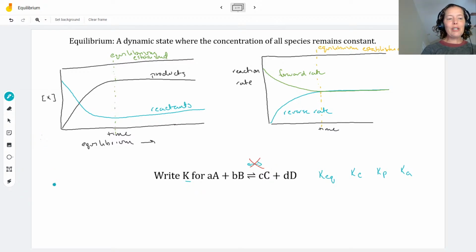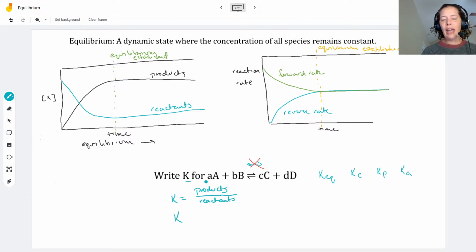Let's go back to writing K. When we write K, we'll do Kc for all of these, in essence concentration. It's going to be the concentration of the products over the reactants. And the trick here is that each is raised to its stoichiometric coefficient.